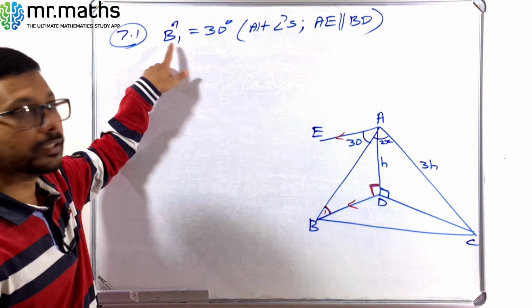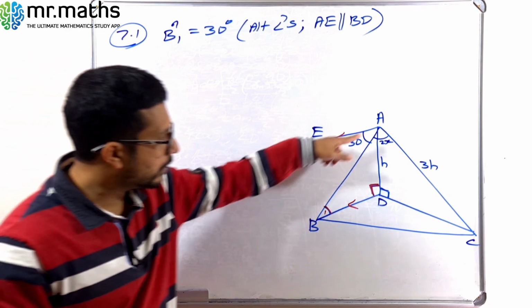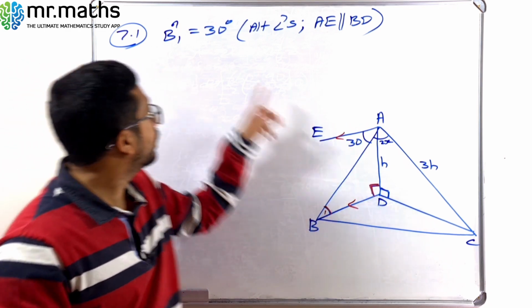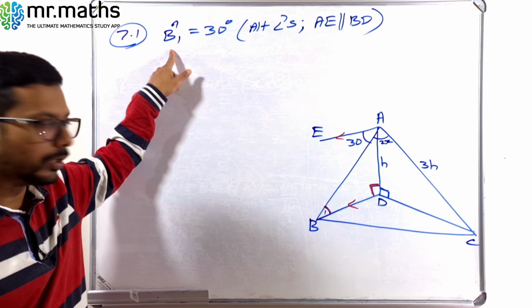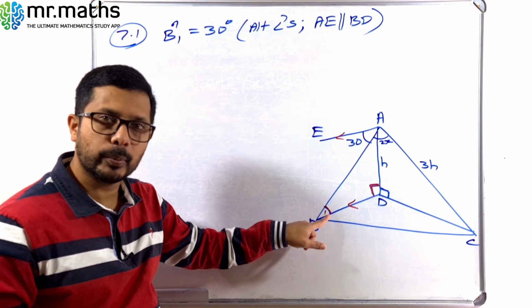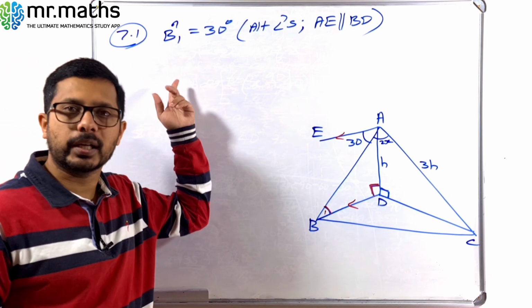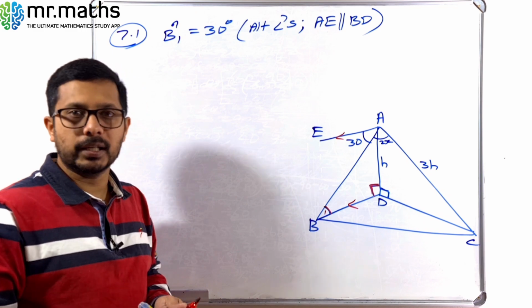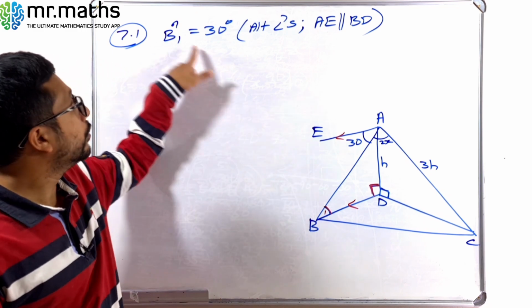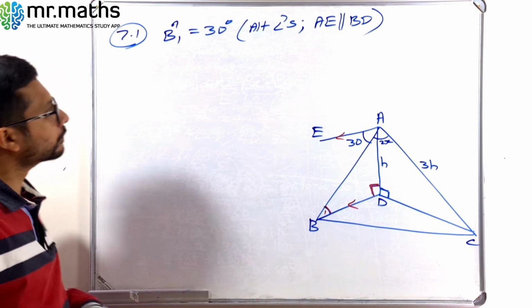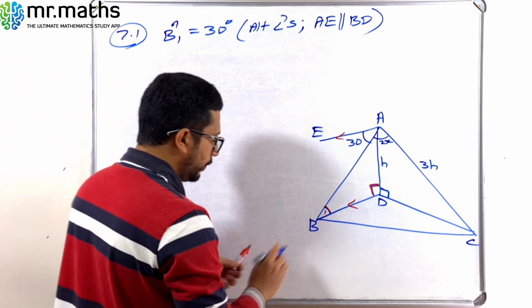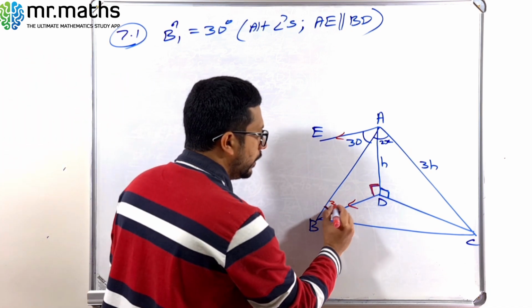Then only you can write it as B1. Otherwise you have to write angle ABD instead of B1. If you just mark it in the question paper as B1, then those who are marking can understand that you represent this angle with B1. So it's fine. Now we know that this angle is 30 degrees.